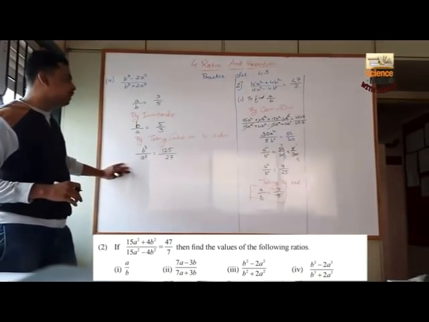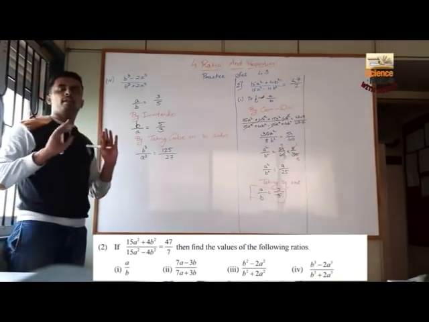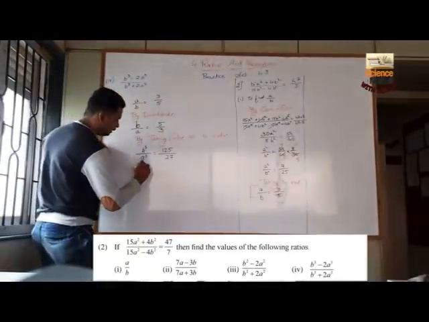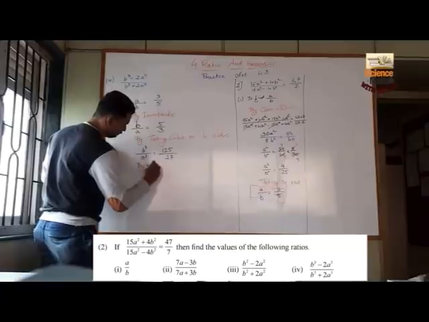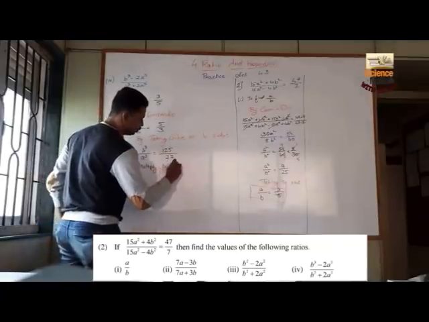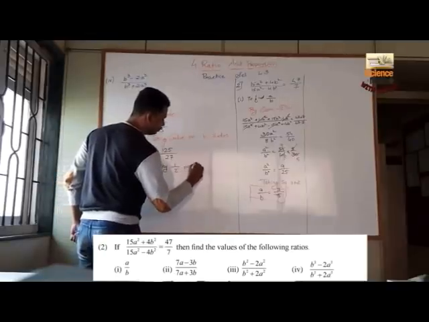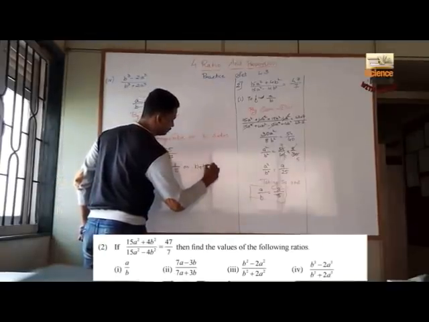This is how I found the cubes. Next, there is a 2 in the denominator, therefore multiplying by 1 upon 2 on both sides.